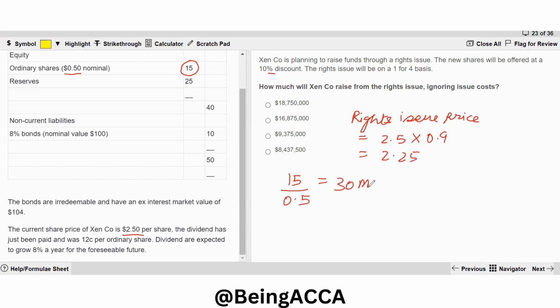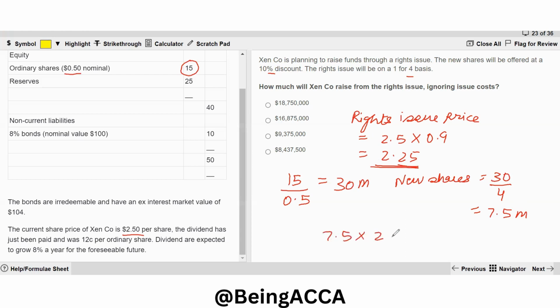Now I am giving 1 share for every 4 shares. So my new shares will be 30 divided by 4, which is 7.5. That means I am issuing 7.5 million new shares. Now, how much am I going to be raising? 2.25 is the price that I'm selling at, and 7.5 is the number of shares.